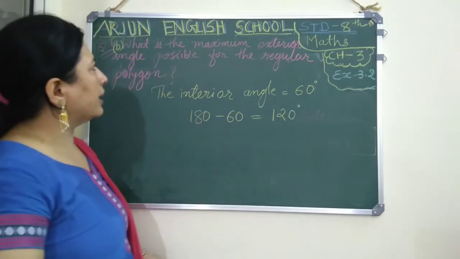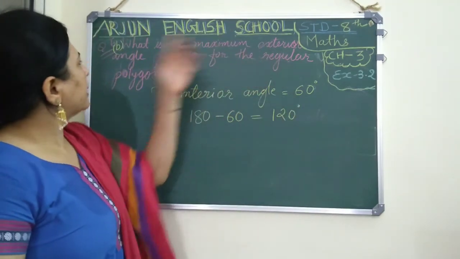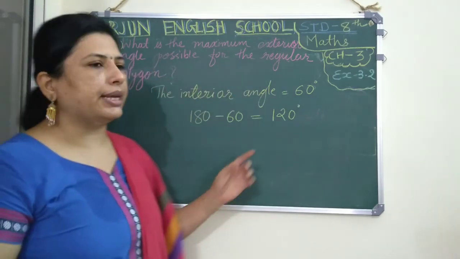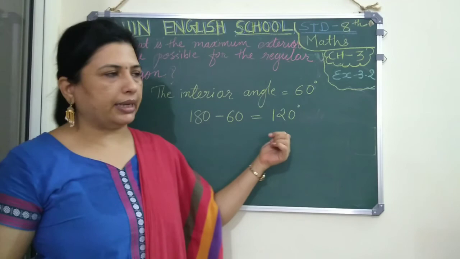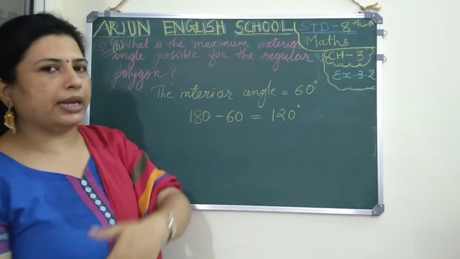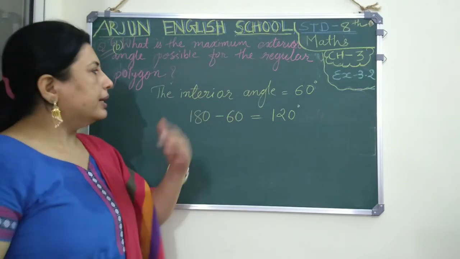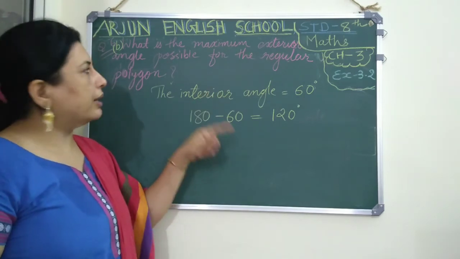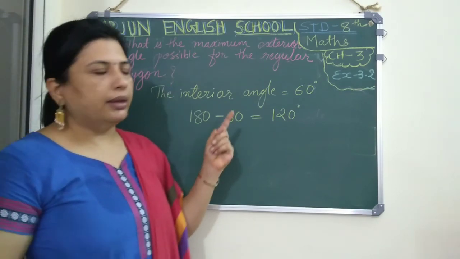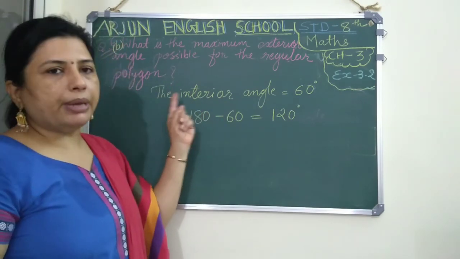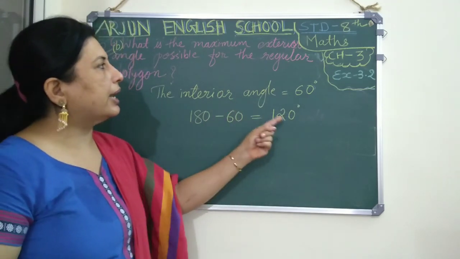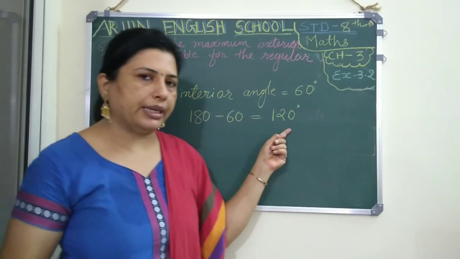So we can say that the maximum exterior angle possible for a regular polygon is 120 degree. If interior angle is minimum, then only the exterior angle will be maximum. Therefore, as we have seen, the minimum interior angle is 60 degree, so the maximum exterior angle is 120 degree.